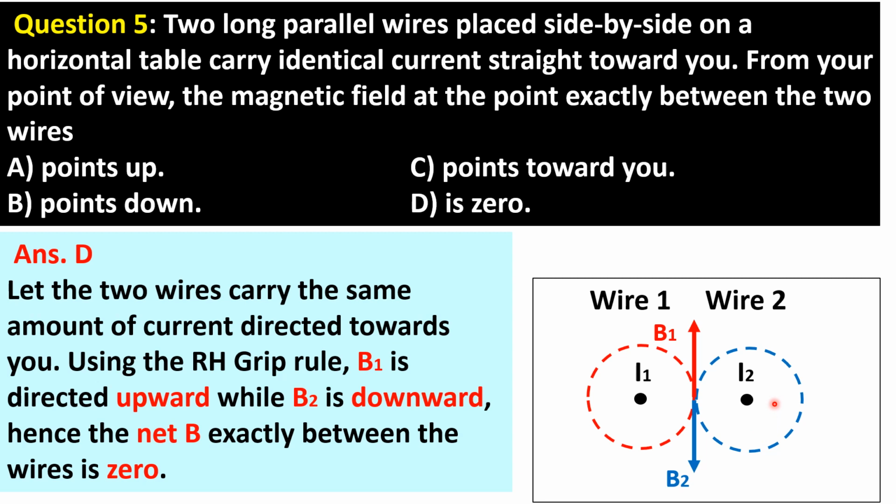But we're talking about the total magnetic field, or the vector sum of the magnetic fields B1 plus B2.